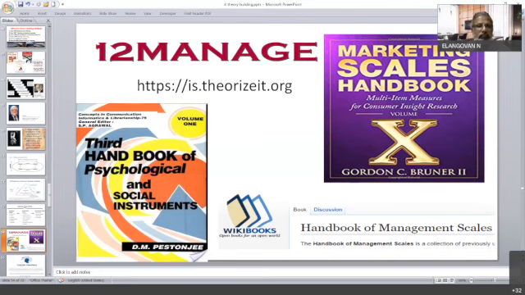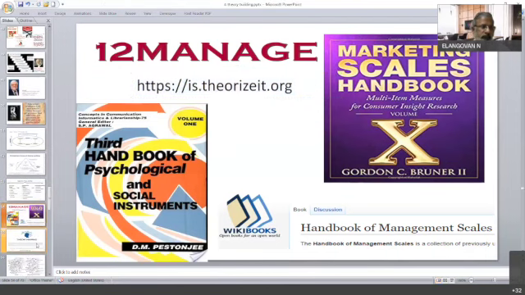For information systems theories, there is a website, istheorizeit.org. Please visit this website. You will understand the theory, the components of a theory, how the variables are interchanged, and who has tested it. A lot of information you will find on each theory. These are some wonderful websites which you can visit to understand the theory.